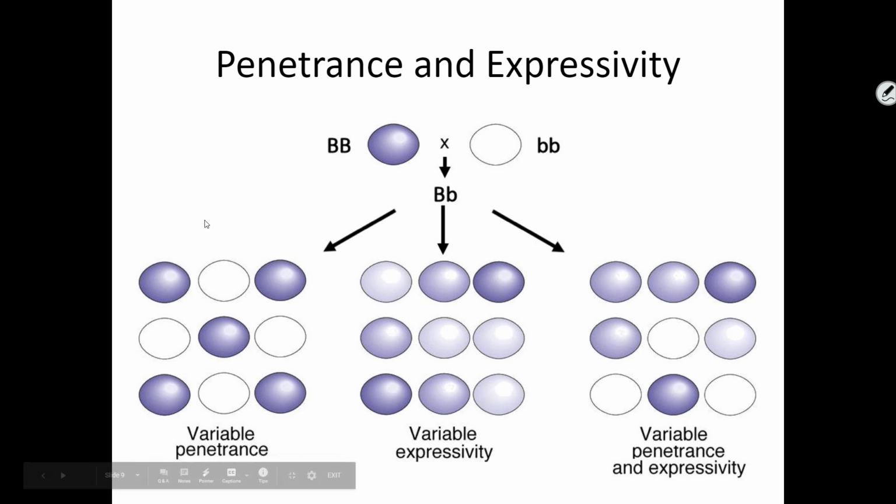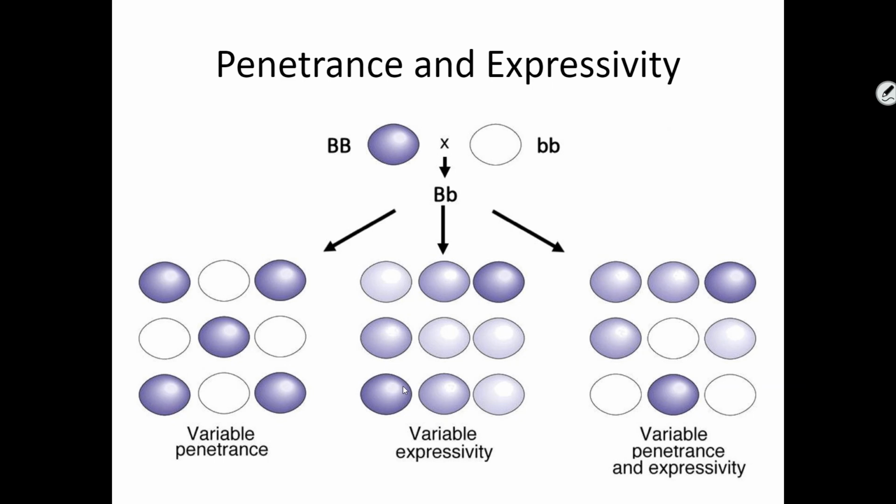Here you see variable penetrance. Some people aren't going to have it, some people are. With something like Huntington's, about 5% of the population doesn't express it if they have the allele. Expressivity means that some people's Huntington's is worse than others. This individual expresses it, but it's not nearly as bad as this individual who also expresses it.